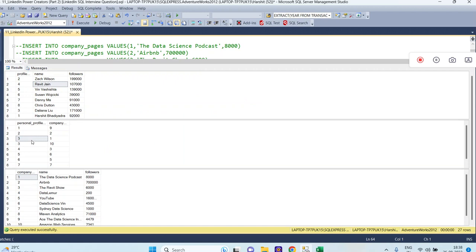In that, all the individuals are working for different companies, right? So that is given. And now if you see over here, in the final table, company pages, all the different companies are given with name and company followers, right?